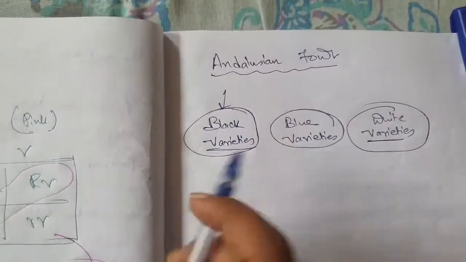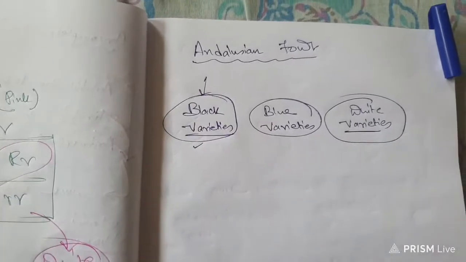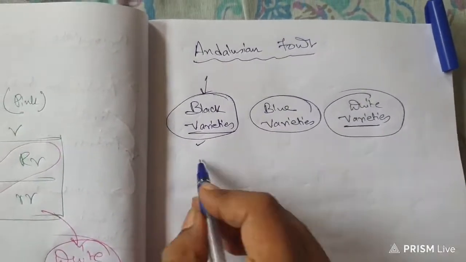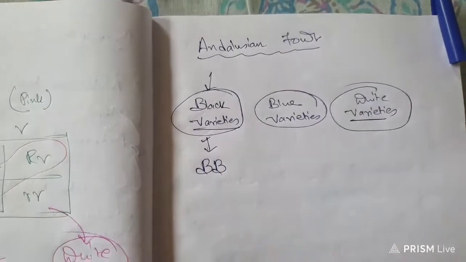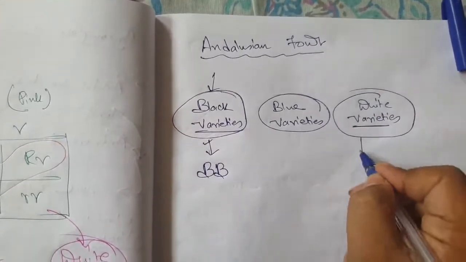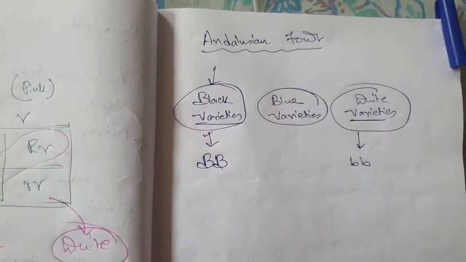However, does that matter? Let's open up our minds a little bit. Let us take the black variety as capital B, and the white variety as small b.